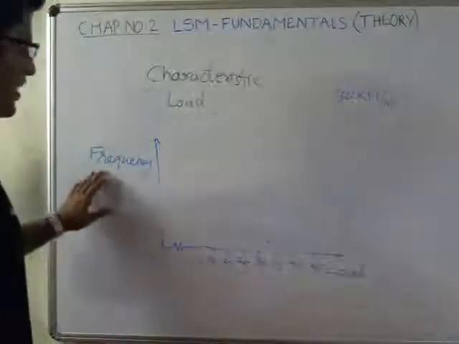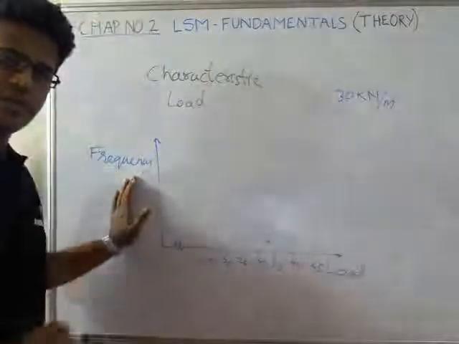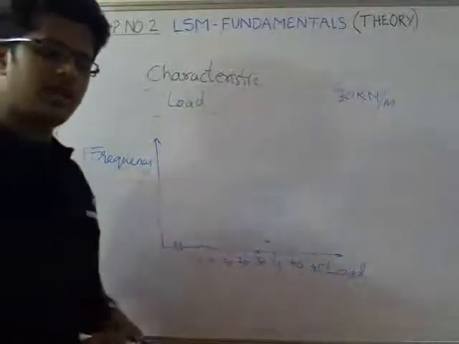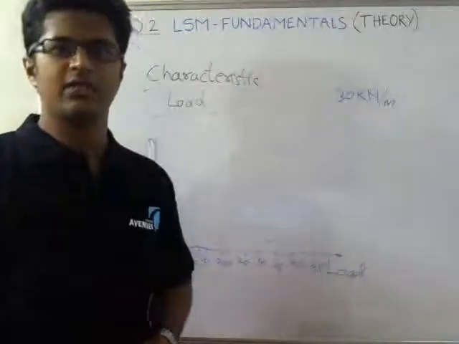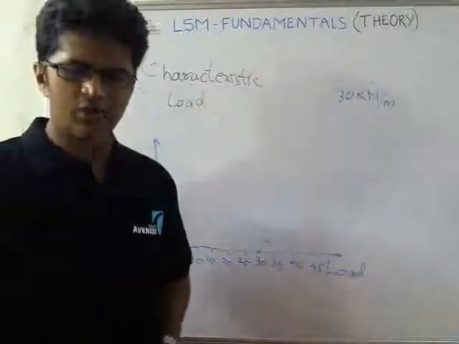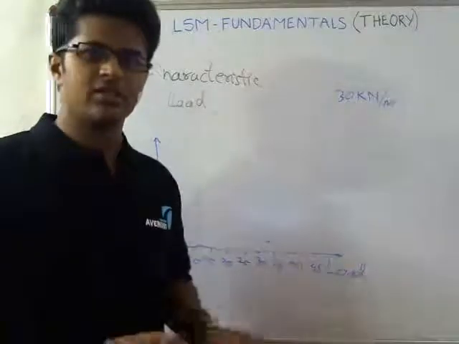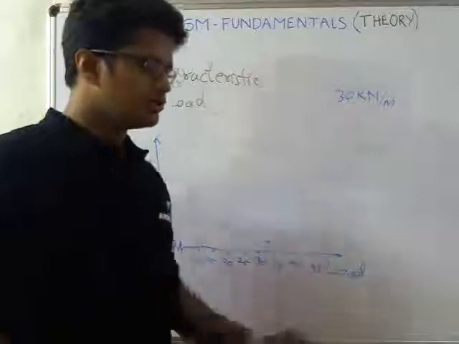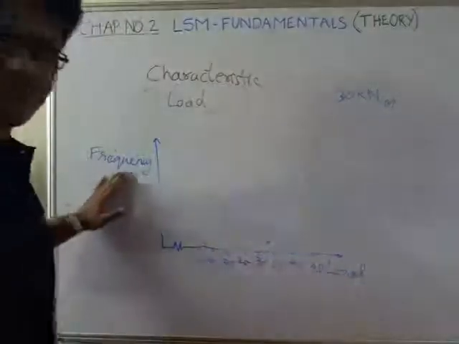Now if you check the frequency of the appearance of the load for that particular member, if you carry out various experiments or calculations to calculate the actual value of the load of the member, there are chances of variations in the given answers. Those variations are being plotted as frequencies here.